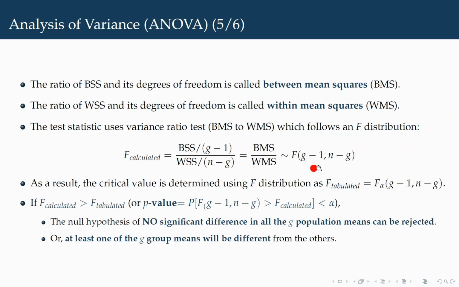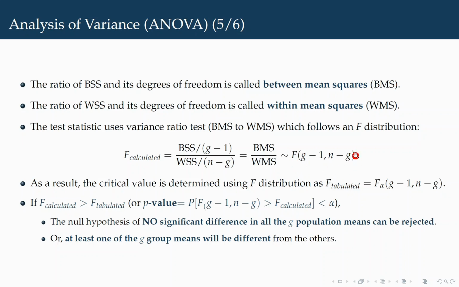So this distribution is F distribution. So this is the calculated value. The critical value or tabulated value is also determined using that of F distribution. So the tabulated value based on the F distribution is nothing but F at alpha with g minus 1 and n minus g degrees of freedom.